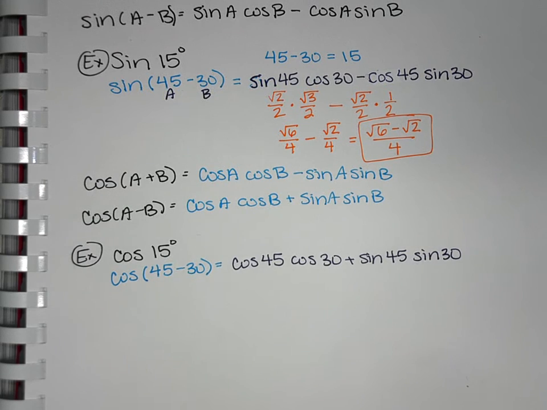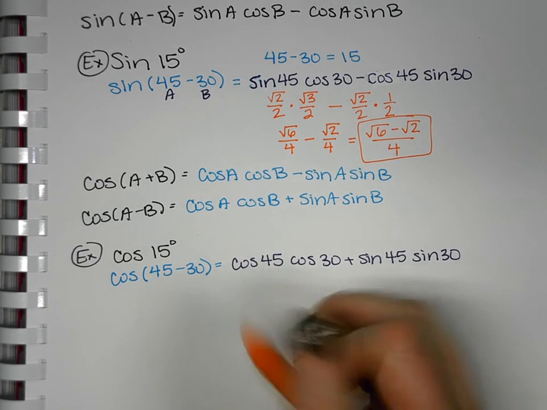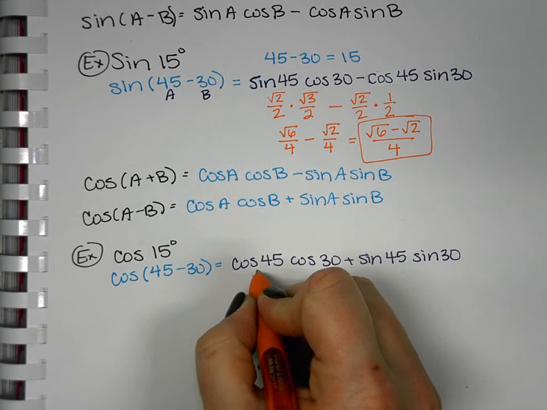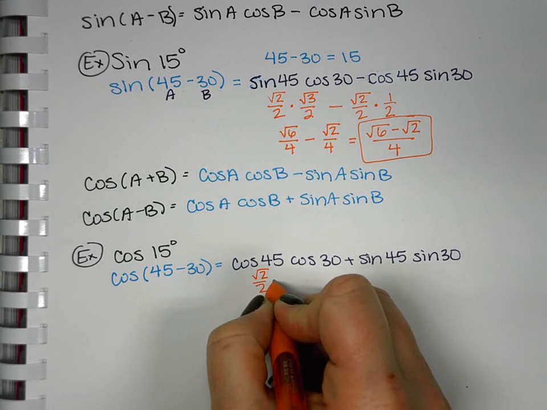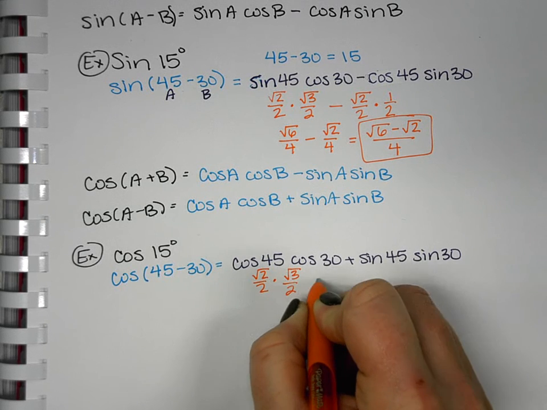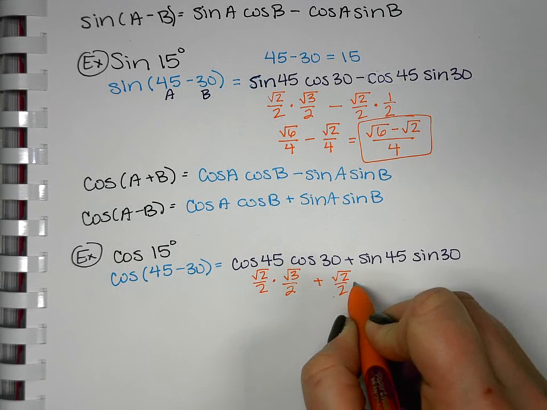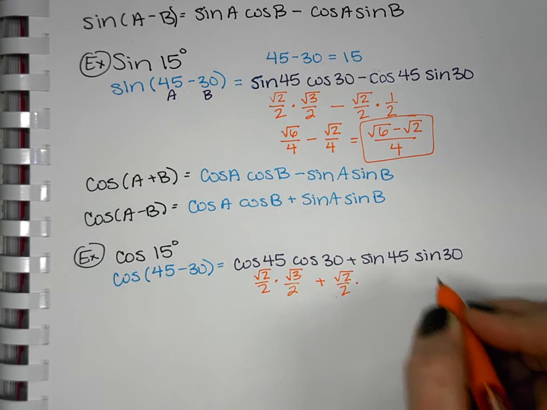And then just like before, we can go ahead and plug in our exact values. So cosine of 45 is root 2 over 2. Cosine of 30 is root 3 over 2. Plus sine of 45 is root 2 over 2. And sine of 30 is 1/2.